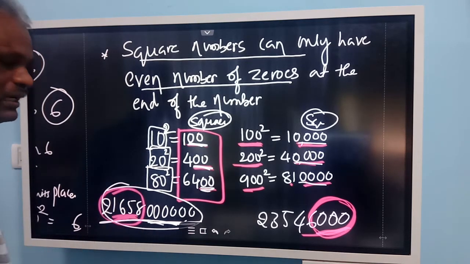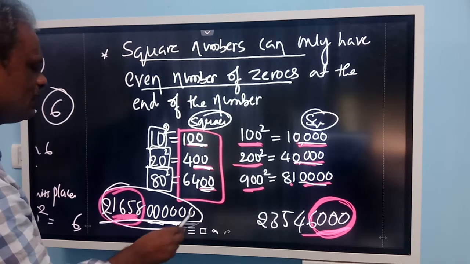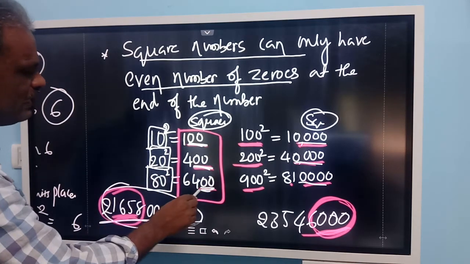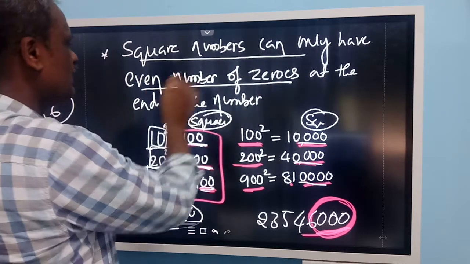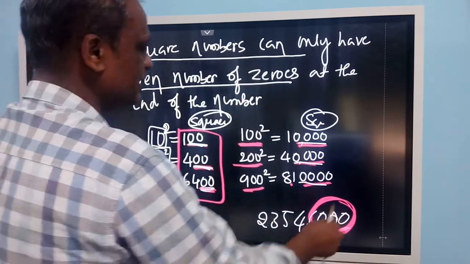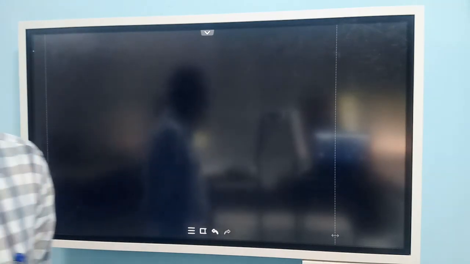I have a doubt about this number. Just check it. Verify that one. But all square numbers end with an even number of zeros only. So that is about all the properties. Once again, some of you tell me, what are the properties we discussed now?